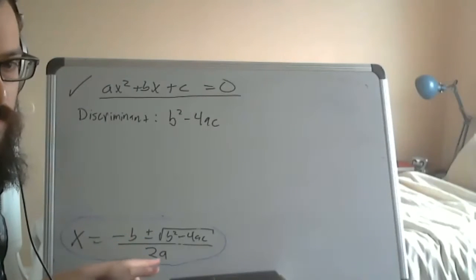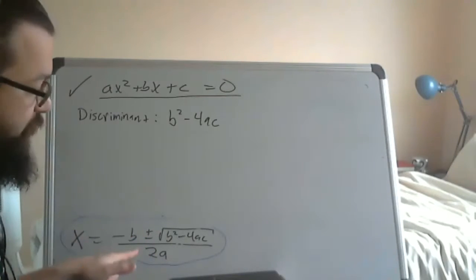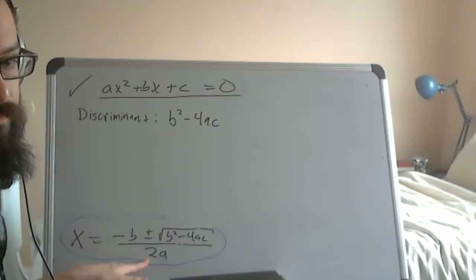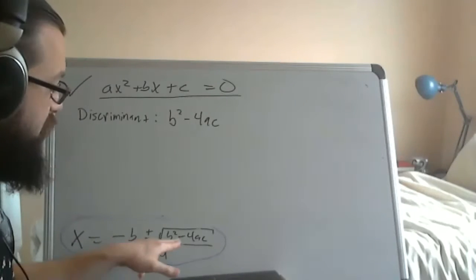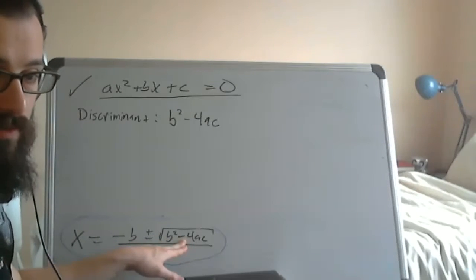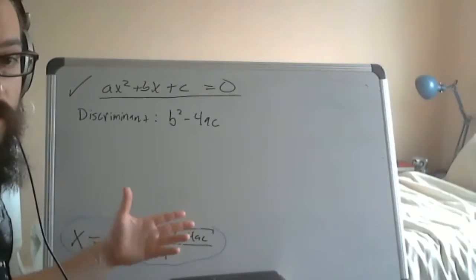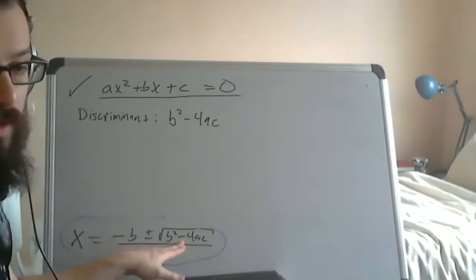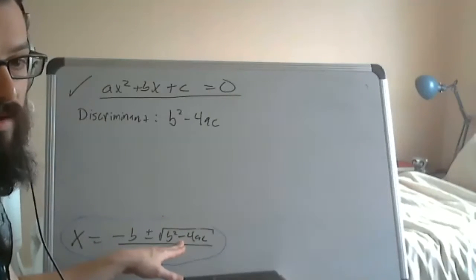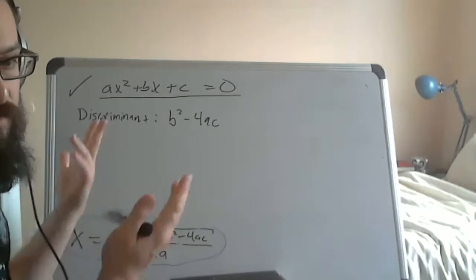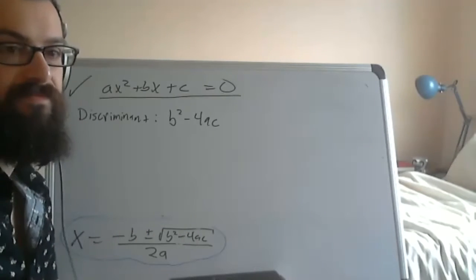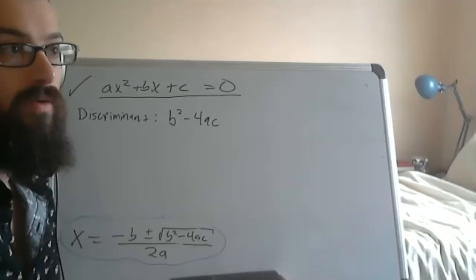And so that means we only really have one solution, which is negative b over 2a. Likewise, if this is negative under the radical, we get complex numbers. We're going to get i out of this. And if it's positive, then we get real numbers.